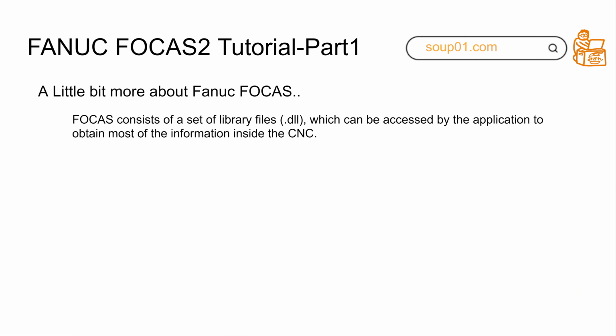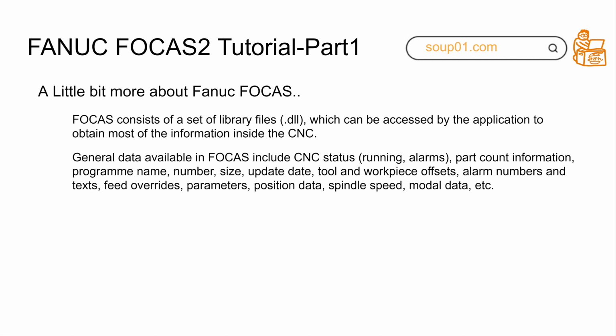A little bit more about FANUC FOCAS. As I said before, it is a DLL library set provided by FANUC, which can be accessed by an application to reach most of the information inside the CNC. As I mentioned, there will be running and alarm data, CNC data, motor data, spindle speed, motion data, etc. There are two versions, FOCAS 1 and FOCAS 2.